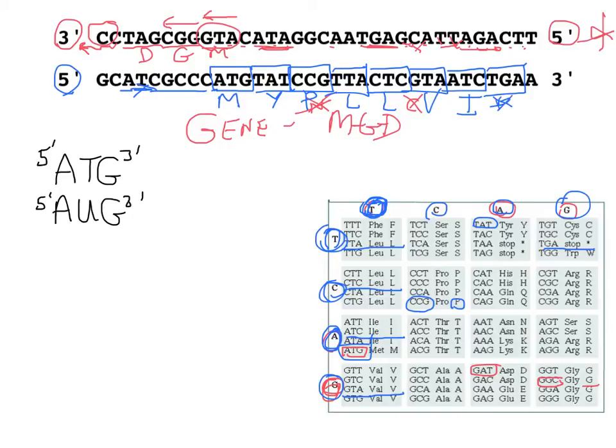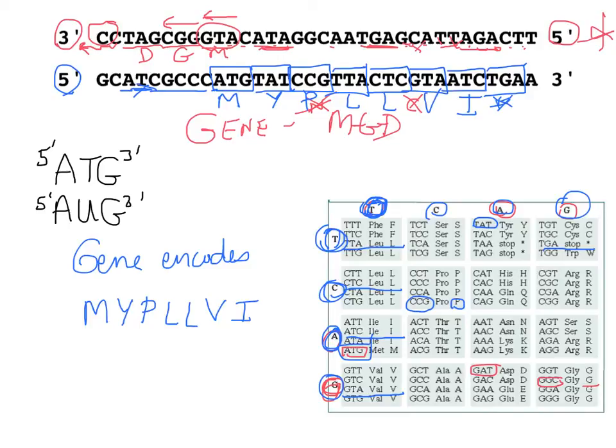The little star indicates a stop. So the answer on an exam would be the gene encodes M, Y, P, L, L, V, I.